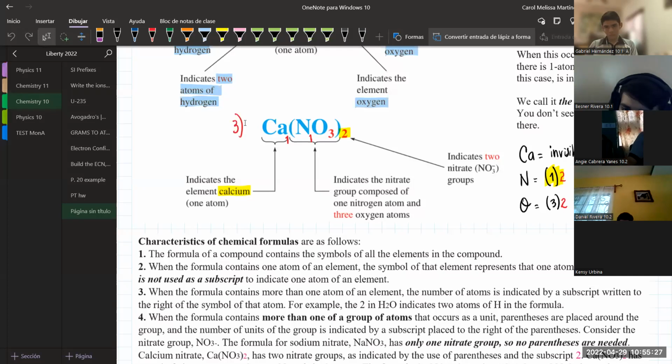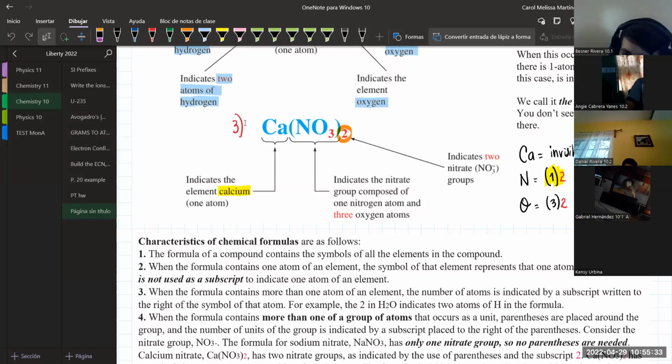The 2 that is outside the parentheses is just going to affect what you have inside. It's not going to affect calcium because calcium is not part of the parentheses.